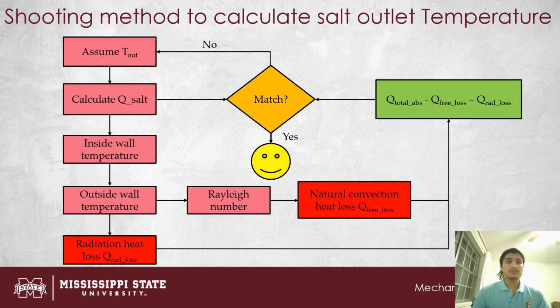If the heat of the salt is equivalent to the total heat after the loss subtraction, then we can say that the temperature we assumed is correct, and we can use that temperature to find the efficiency of the tube. If not, we can assume a new temperature and follow the process again.